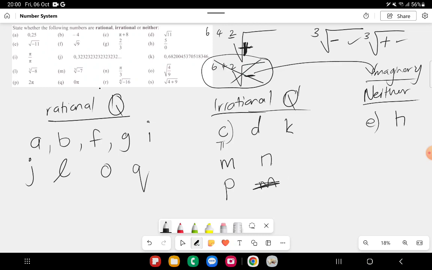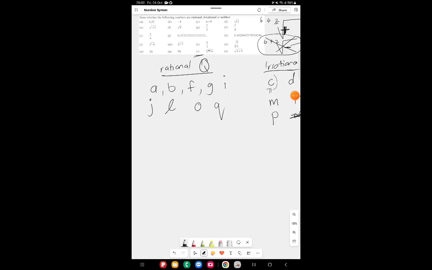Oh, I'm on R. Okay, so the fourth root of -16, because of the minus sign, it is imaginary. And then the square root of 4 plus 9 makes it the square root of 11, which is irrational. There we go. So S is over there. That is how we do this exercise.